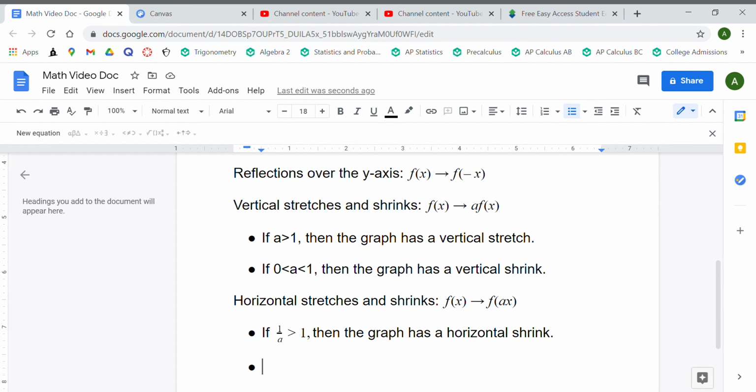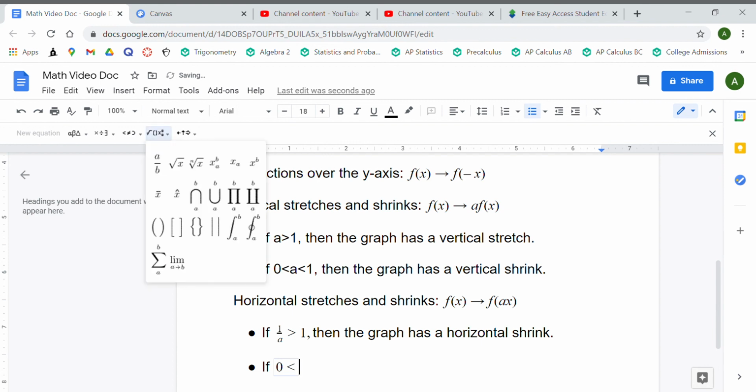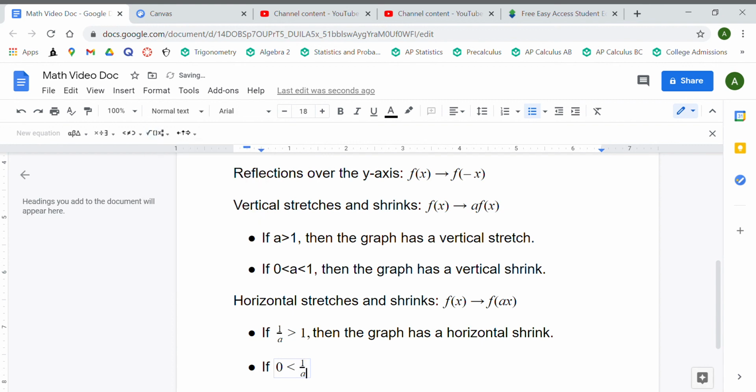And then if 0 is less than 1/a, which is less than 1, then the graph has a horizontal stretch.